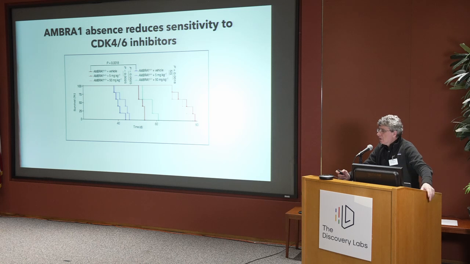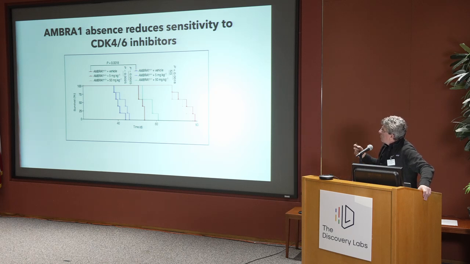However, if we inject in mice AMBRA knockout cells, now we see a completely different story. We see that the low dose here has no effect, really like vehicle. And then the high dose, yes, will increase survival, but not as well as when you use AMBRA wild-type cells.